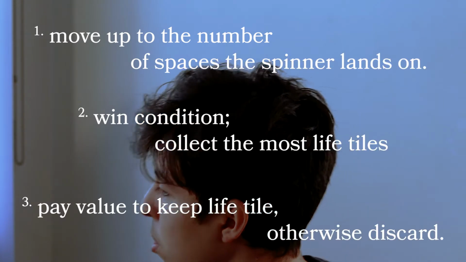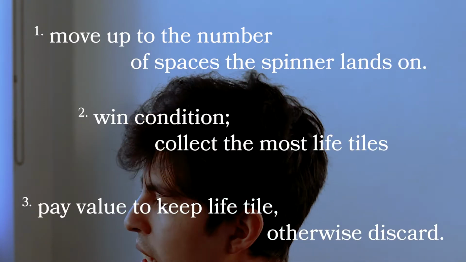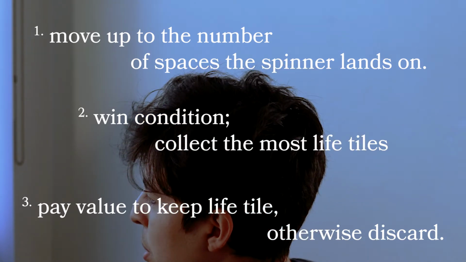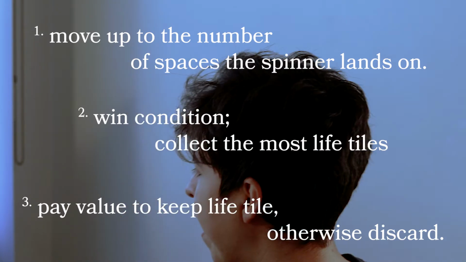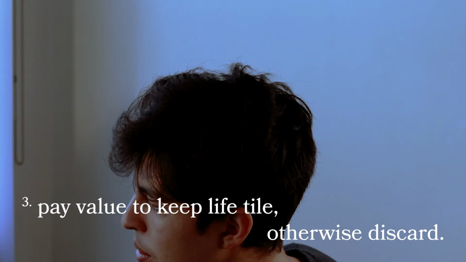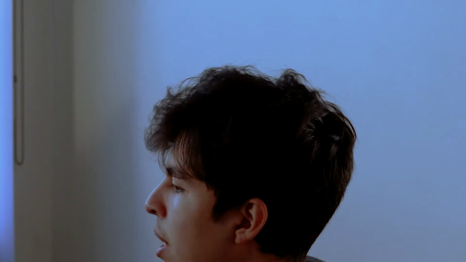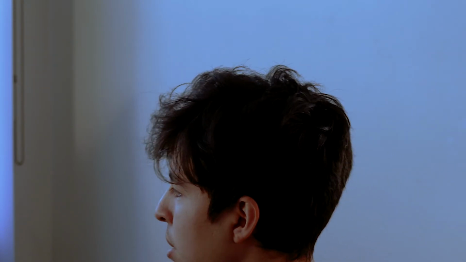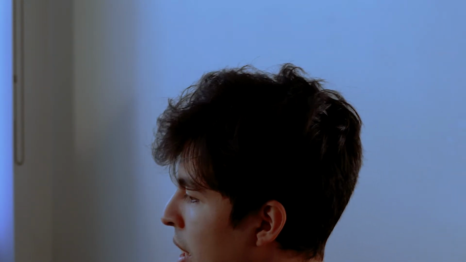So I encourage you to take out your copy of Candyland, Monopoly, whatever game that you're very familiar with that has a simple rule set, and change some of the rules and see how that changes your experience with the game. And I think that if you do that enough times, you'll get a deeper understanding of how this web of rules does what it does.